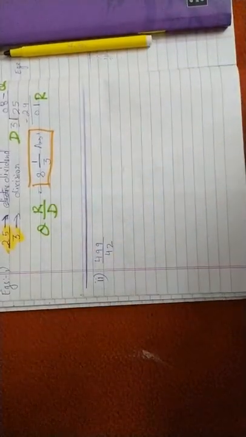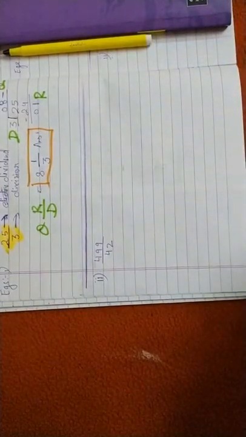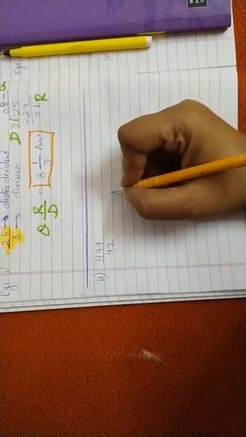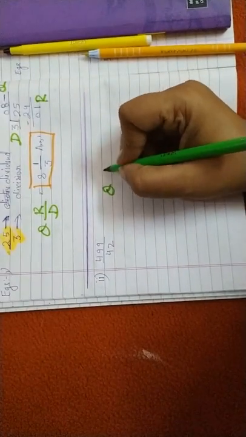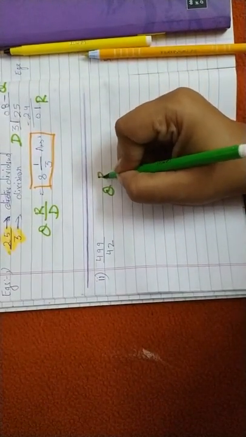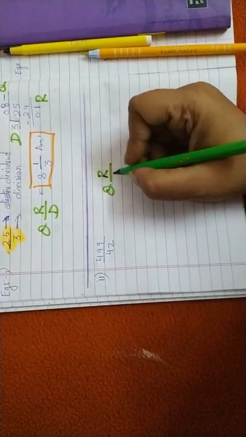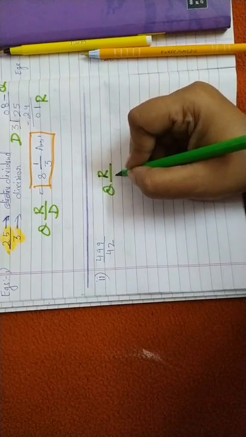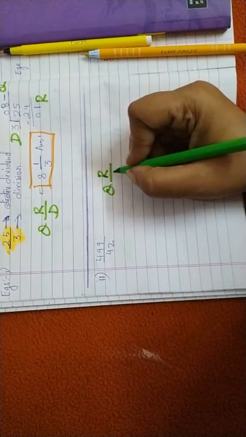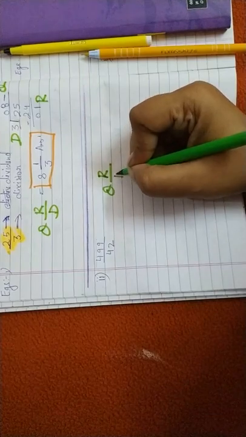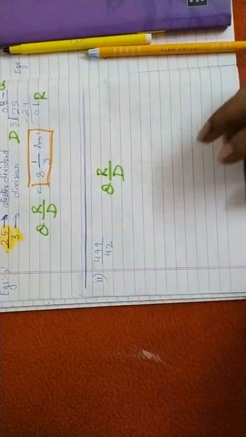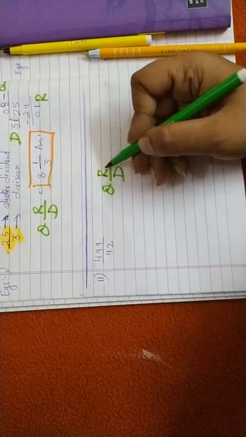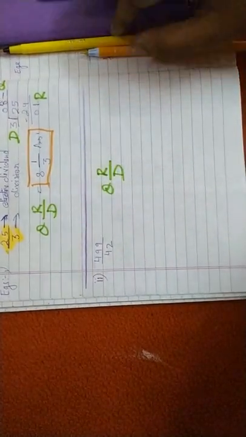Now, first write the formula. What is the formula when you change an improper fraction into a mixed fraction? Your formula is Q as a whole number, remainder as a numerator, and divisor as denominator. What is this D here? Divisor. So children, to find out what the quotient, remainder and dividend are, what do you have to do?